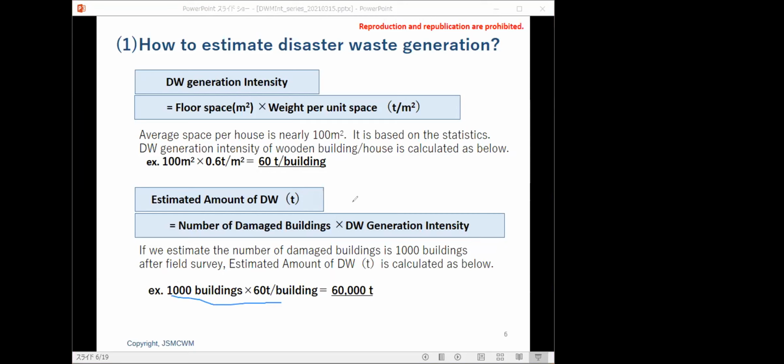Okay, this is how to estimate disaster waste generation. So I go to the next slide.